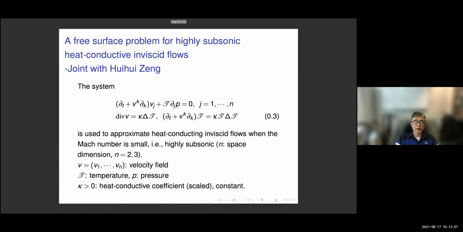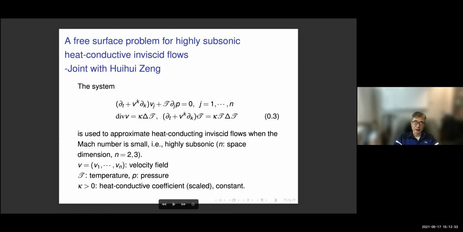So here I'm talking about the problem. This problem is for another fluid. In my understanding, this system is in between the compressible and the incompressible fluids. But the emphasis is on the case with heat conductivity. So how does this system come? Here is the system we want to talk about.